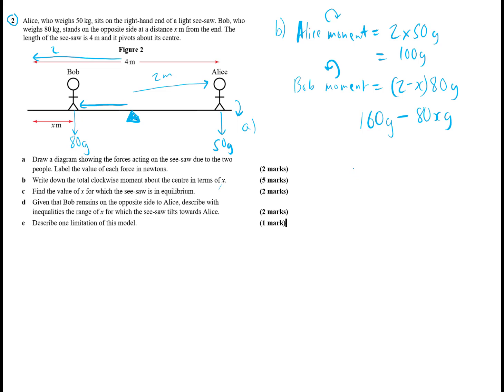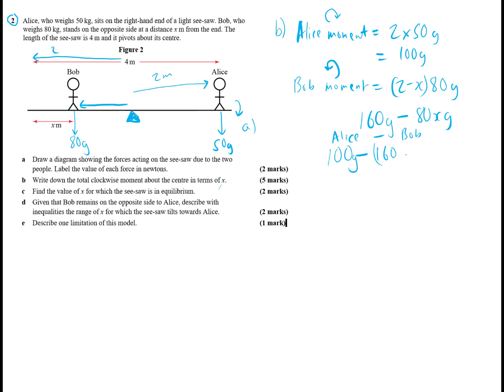So let's do clockwise minus anti-clockwise. Well, Alice is the clockwise, so that means we have to have 100g minus Bob. So Alice is 100g minus Bob's 160g.